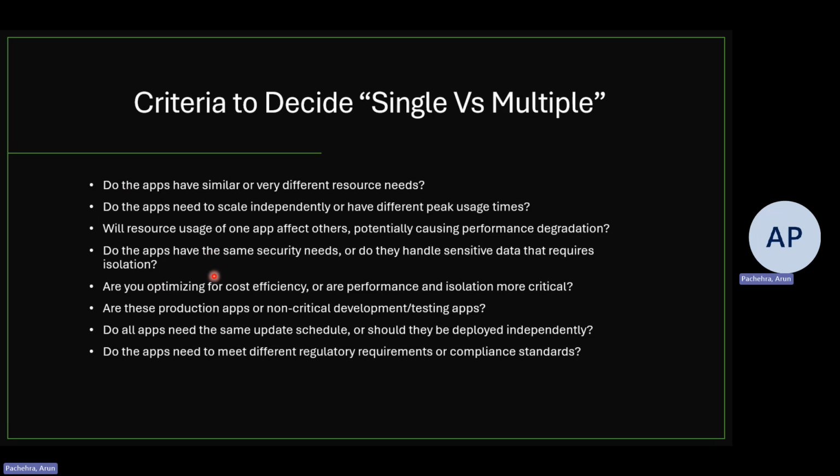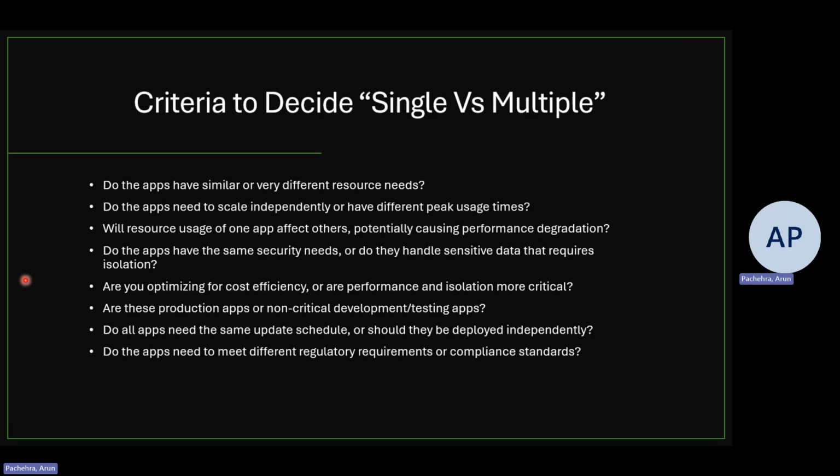Now, are you optimizing for cost efficiency, or are performance and isolation more critical? A single plan is ideal when minimizing cost is a priority, as we said already, especially for development or testing environments, where multiple apps can share a plan to avoid paying for separate resources for each app. Multiple plans are more expensive but necessary when performance, security, or scalability requirements demand separate plans.